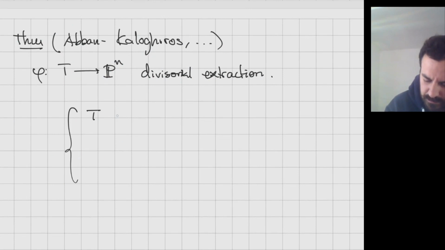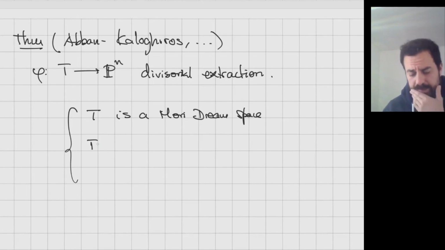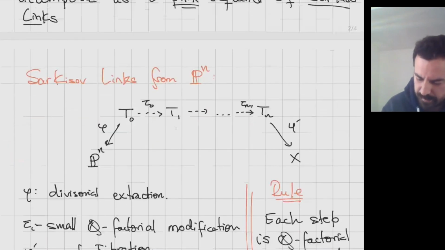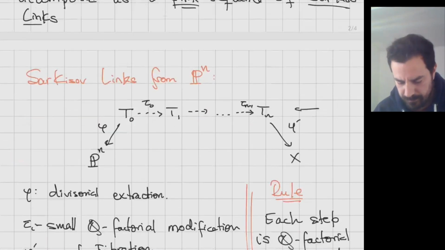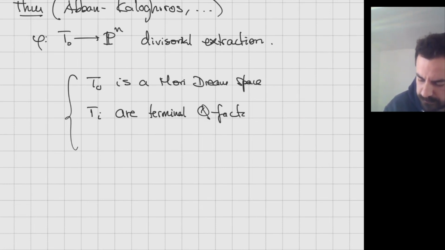Suppose that T is a Mori dream space. Suppose that the Ti, the way I defined them before, the Ti's are these guys up here, let me call it T0, are terminal and Q-factorial.